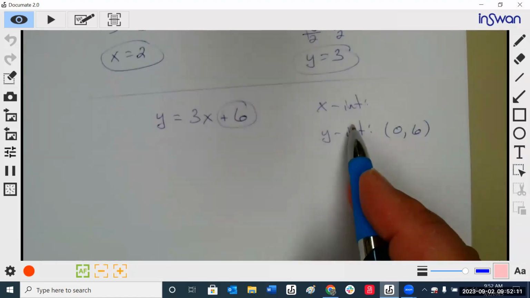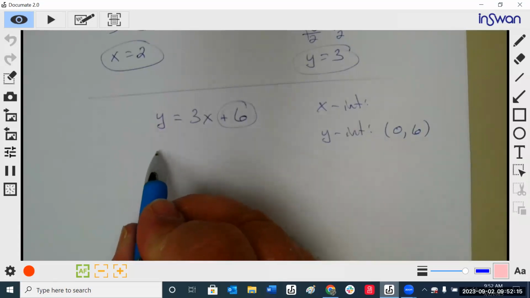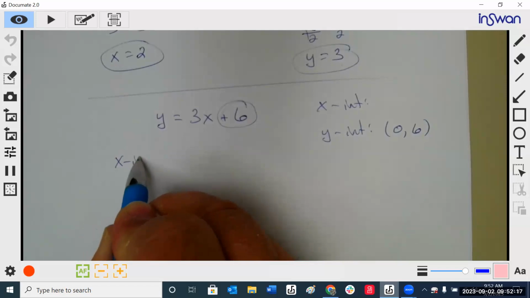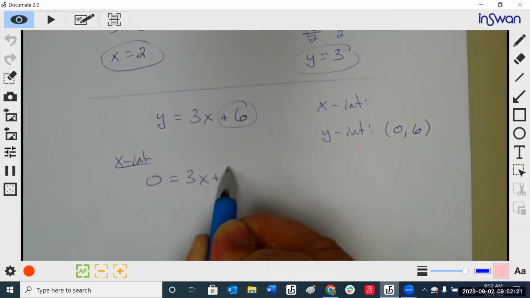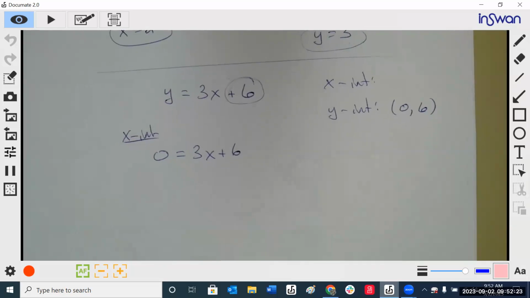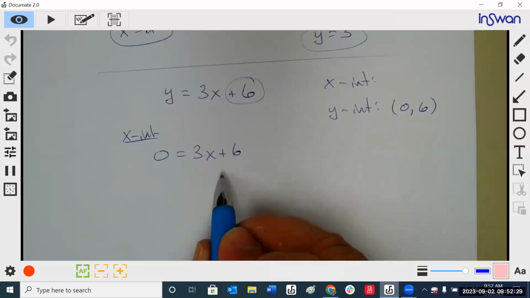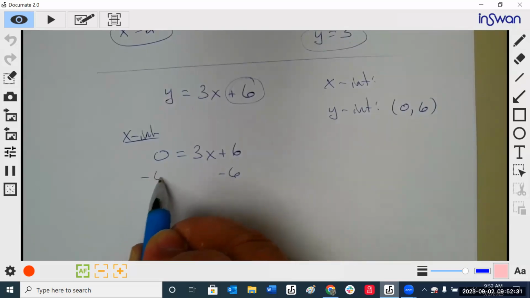Let's find the x-intercept. To find the x-intercept, what do we do? So we set y equal to 0. Solve for x. What do you do first? Subtract 6. Move the 6 to the other side.